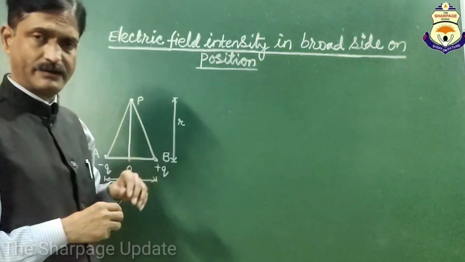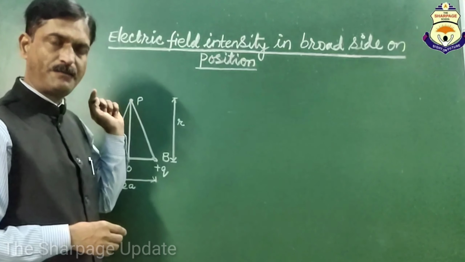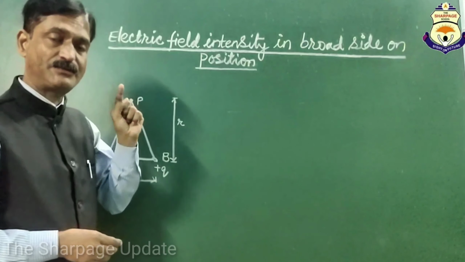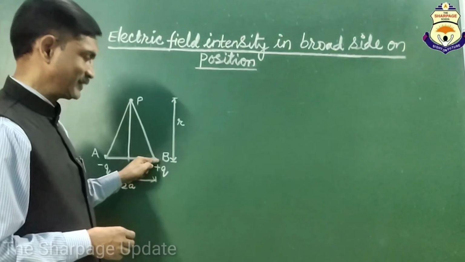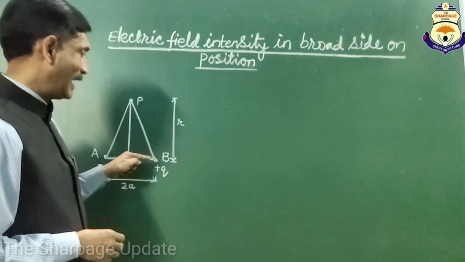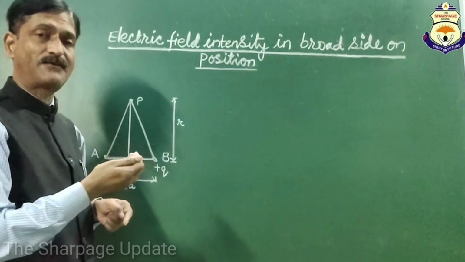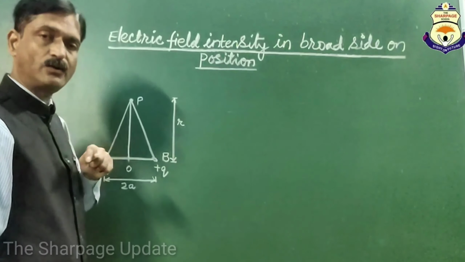So if we keep a unit positive test charge at point P, it will experience a force of repulsion due to the plus Q charge, and a force of attraction due to the minus Q charge.